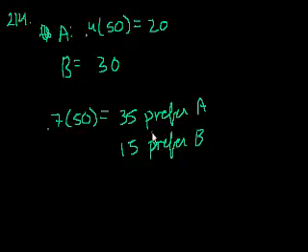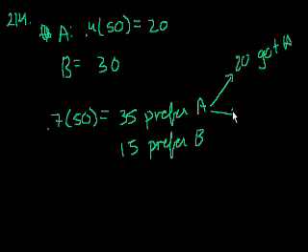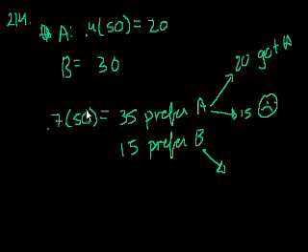So what's the situation? Well, the best situation is, let's see, 35 prefer A. So let's say that 20 of them got A. 20 got A, and then 15 fall into this upset category. And likewise, out of these 15 that prefer B, let's say that all of them got B. All of these got B, but then we have to put another 15 in B, and that's these 15 people.